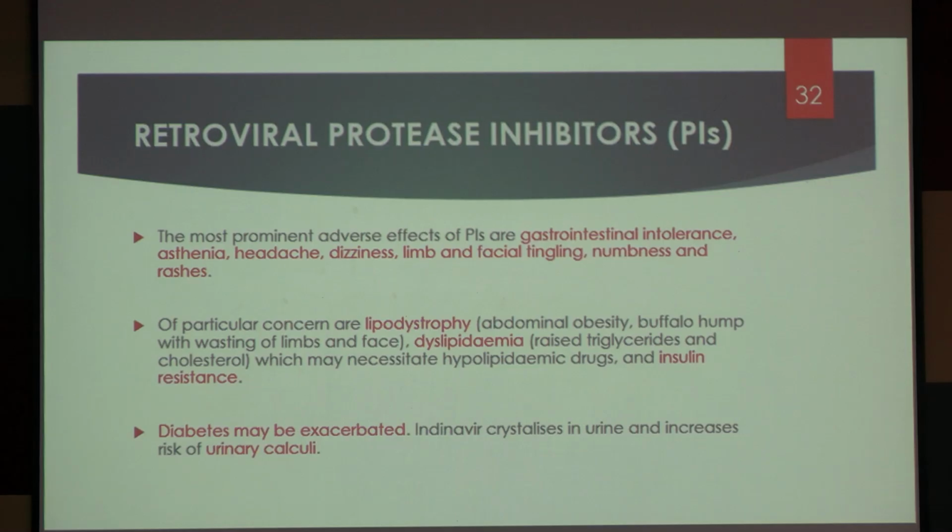By lipodystrophy we mean abdominal obesity and then buffalo hump and finally wasting of the limbs and face. By dyslipidemia, there is rise in triglyceride and cholesterol level that can be decreased with the use of hypolipidemic drugs, and due to insulin resistance, the diabetes may be exacerbated.